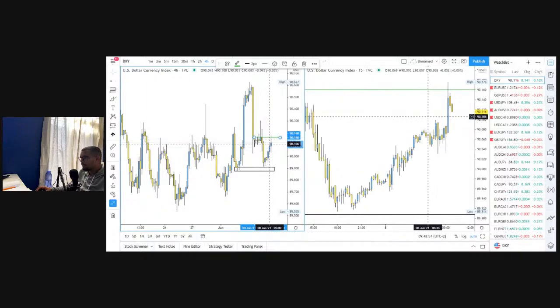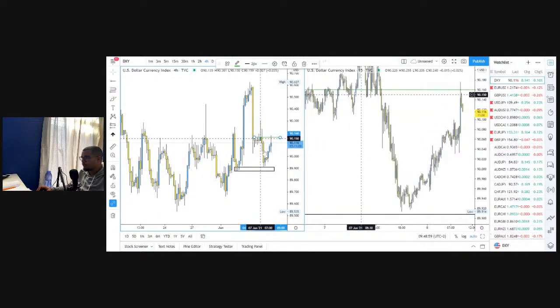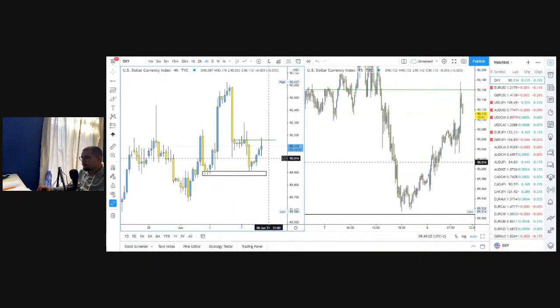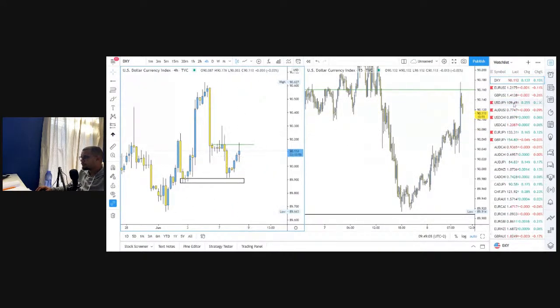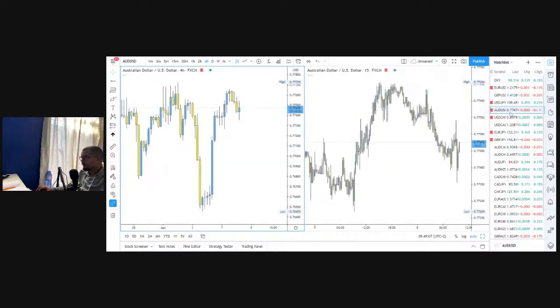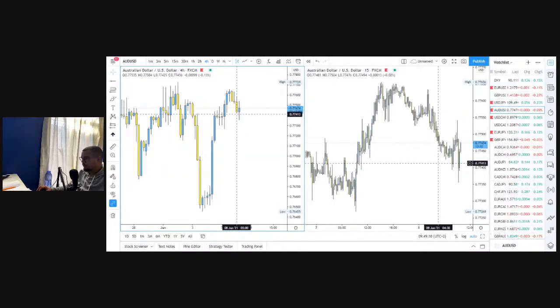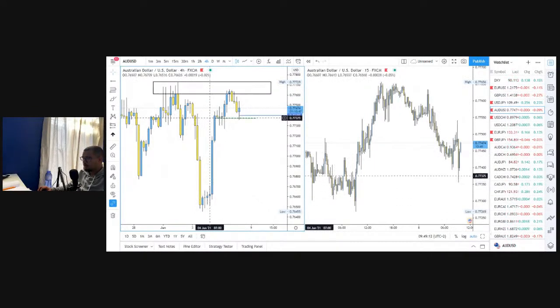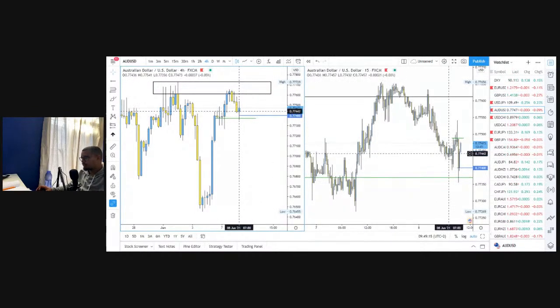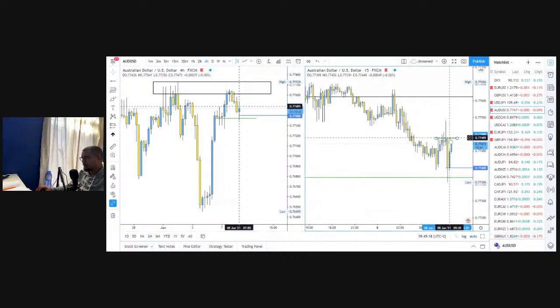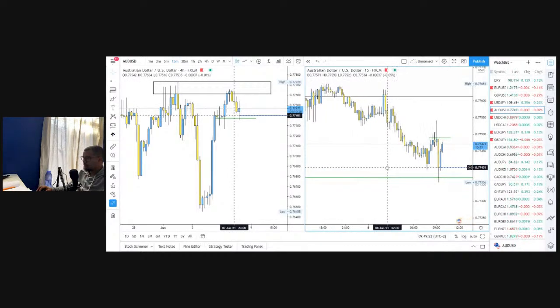If we recheck this, that means AUD is actually rejecting this area, this green line area. If we can break above this area, then we solidified with price moving higher instead of lower.